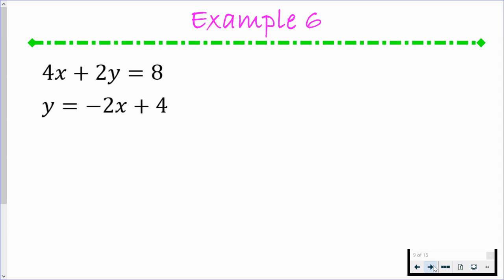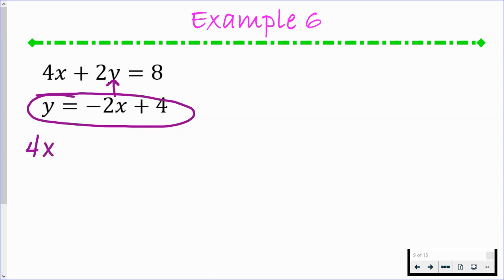Okay, so I just have one of them in y equals format. So I'm going to have to take this and substitute it in where the y is. So what I'm going to do is 4x plus 2 parentheses negative 2x plus 4 equals 8.